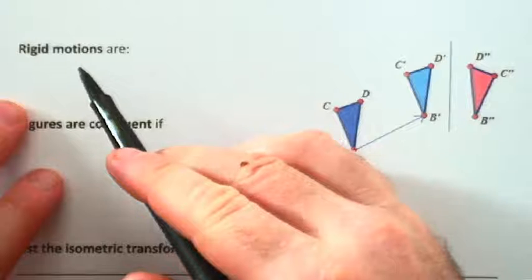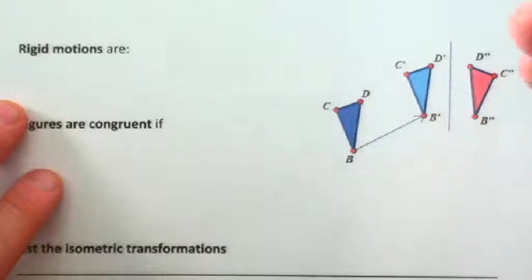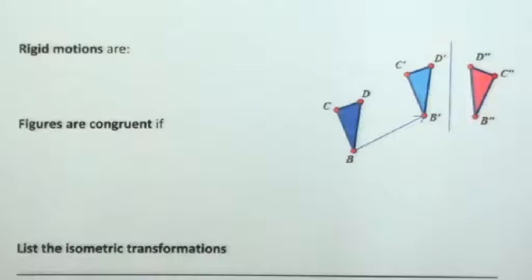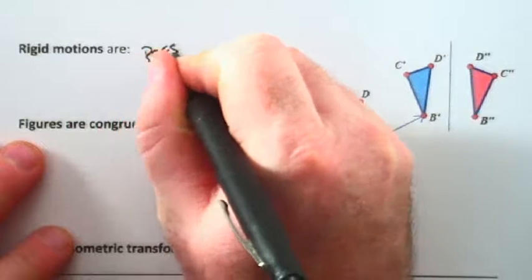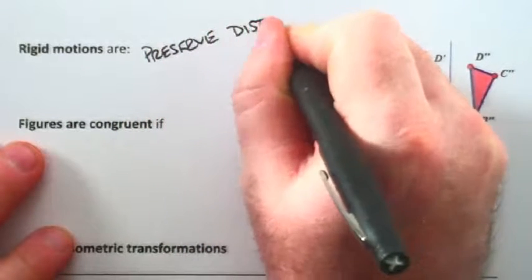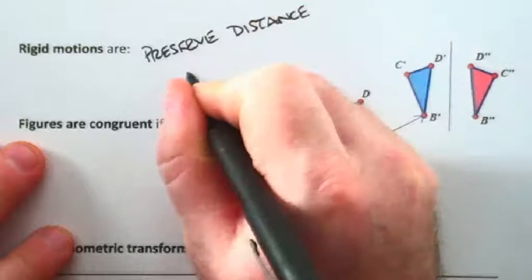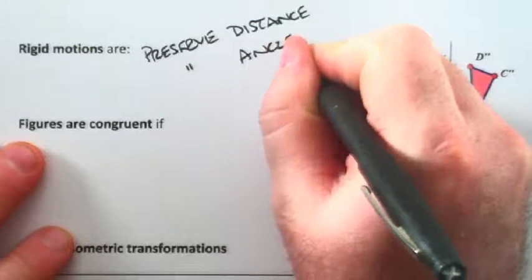word that gets used a fair bit in geometry, in definitions and in other places, is called rigid motions. Now, first of all, what are they? Well, rigid motions are ones that preserve the distances in the shape. They preserve the angles in the shape.